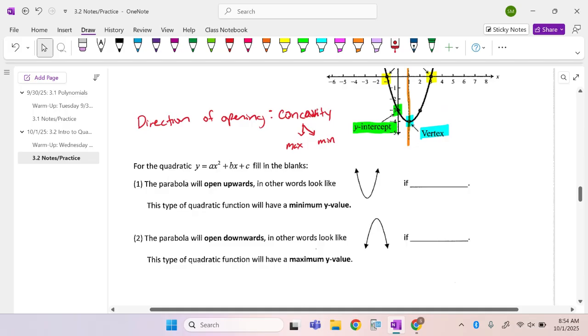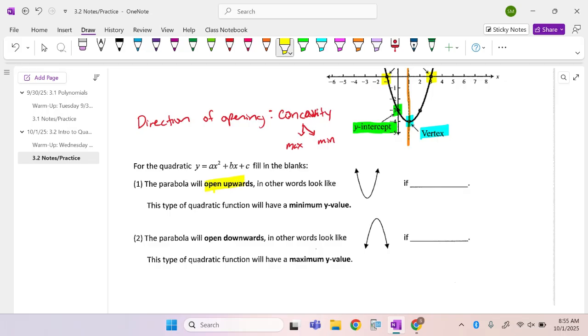So if our parabola opens upward, we would have a minimum y value. So again, it opens upward, the y is the min.